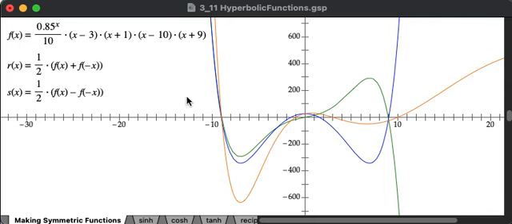And that does a couple of things. One is that r of 0 should be the same as f of 0. Let me see if that's true. Yes, r of 0 should be the same as f of 0.